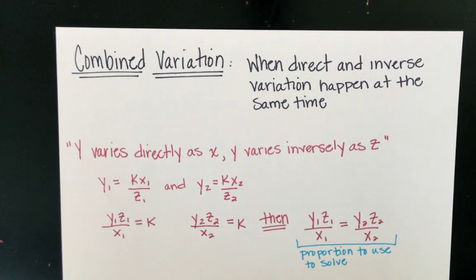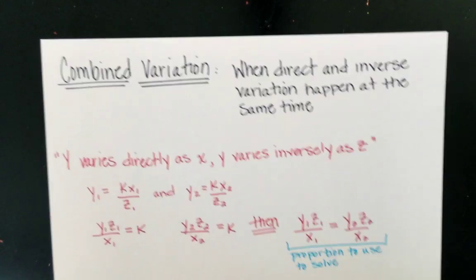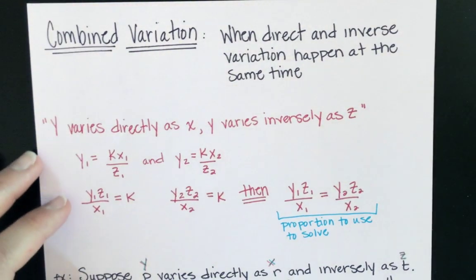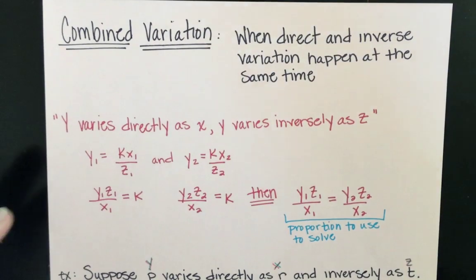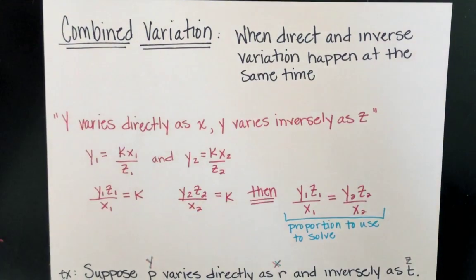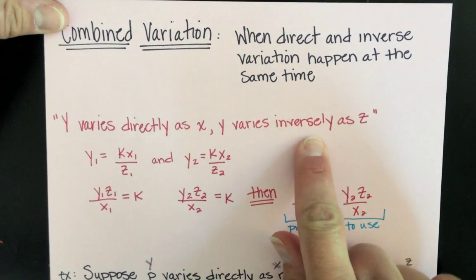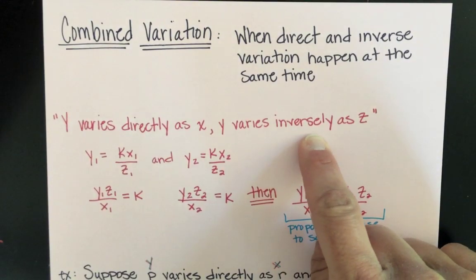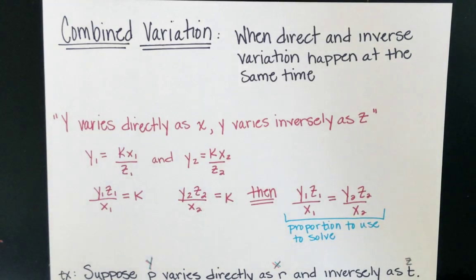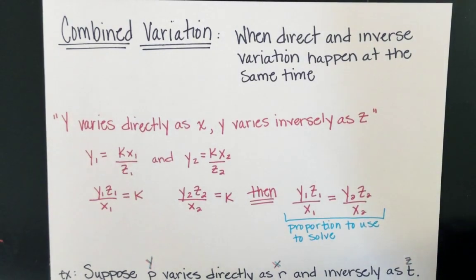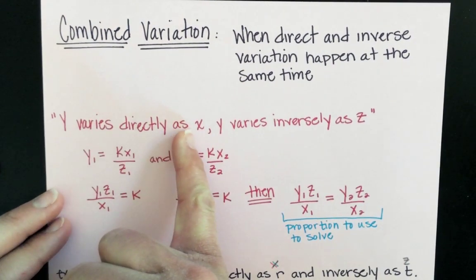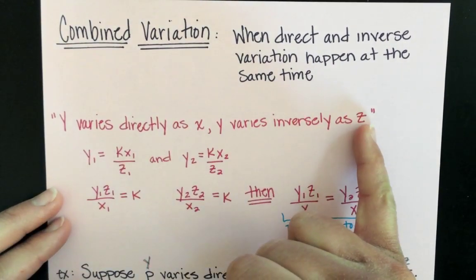Over here, with our combined variation, we do have situations where there is a direct relationship between two things, but with our initial item, it very much could be an inverse relationship, meaning it acts opposite. We've done inverse functions already. So it's possible that it can relate one way to one variable, but a different way to another variable.